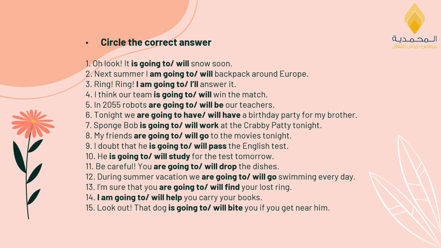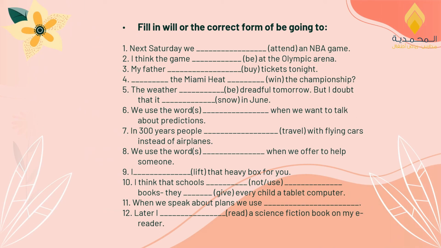Read carefully and put a circle around the correct answer. Exercise 5. Fill in will or the correct form of be going to. So, read the sentence carefully, decide which to use, will or be going to, then write the correct answer.